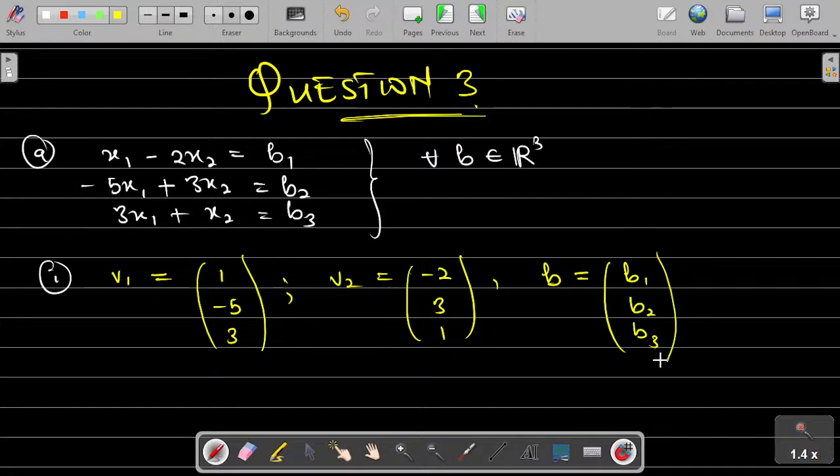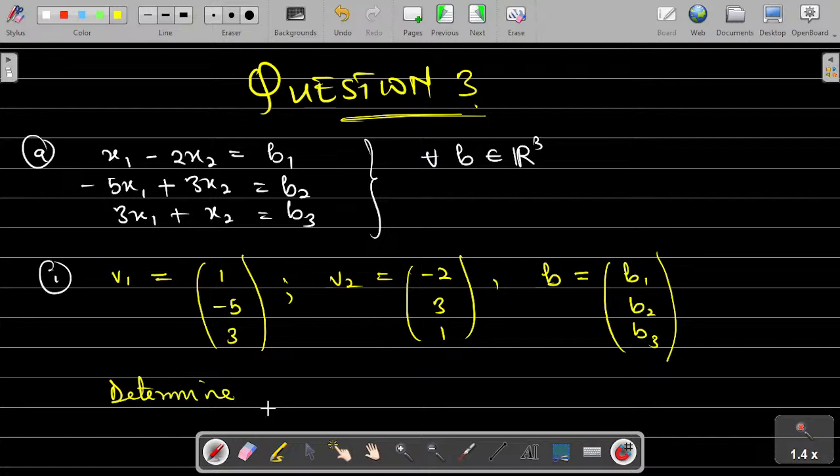To state this in terms of the span of v1 and v2, remember they said we should determine if the following system is consistent for all b in R3.